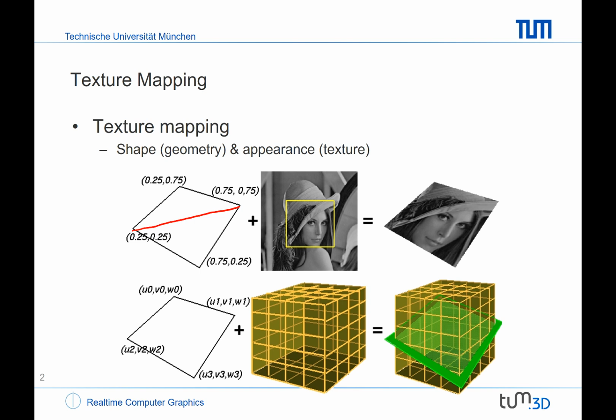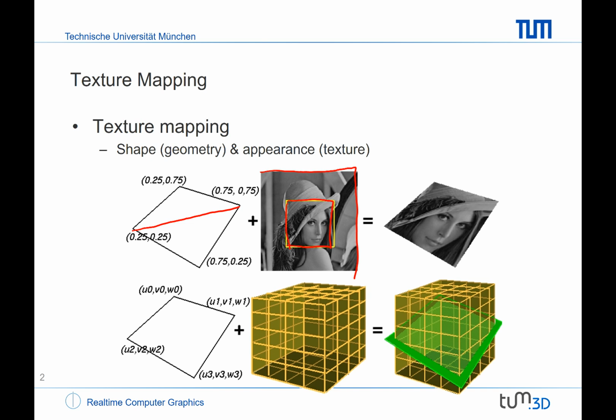We assign so-called texture coordinates to the triangle vertices. And by assigning these coordinates, we essentially determine the region in the specified texture map that should actually be mapped onto the piece of geometry.